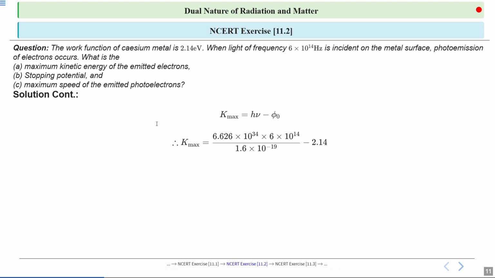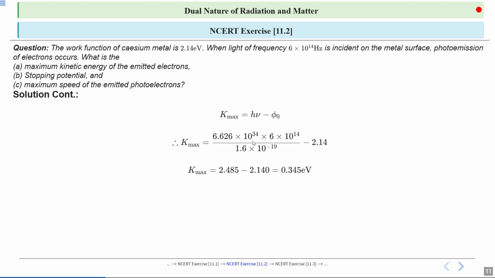So h nu is 6.626 into 10 raised to the power minus 34 into 6 into 10 raised to the power 14 divided by 1.6 into 10 raised to the power minus 19, minus phi naught, that is 2.14. So solving this, you will get 2.485 minus 2.140.